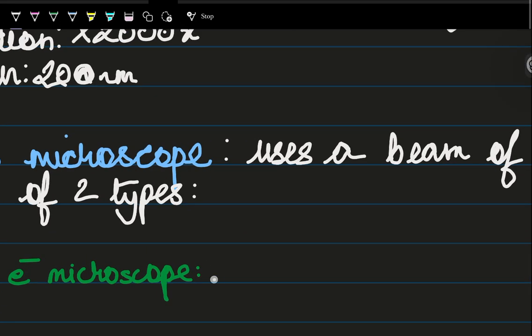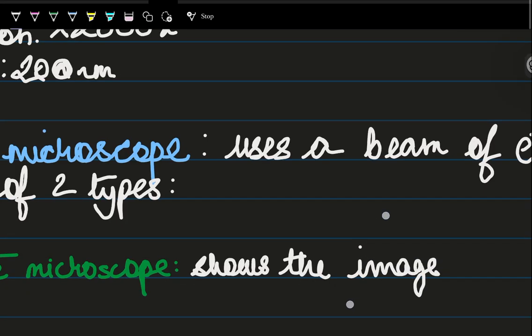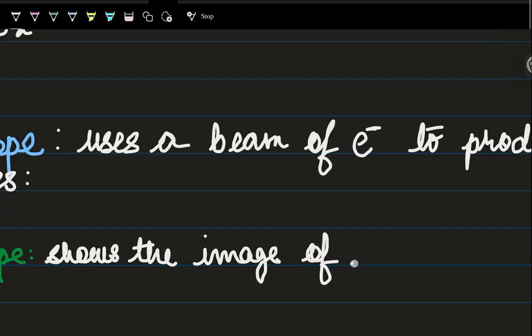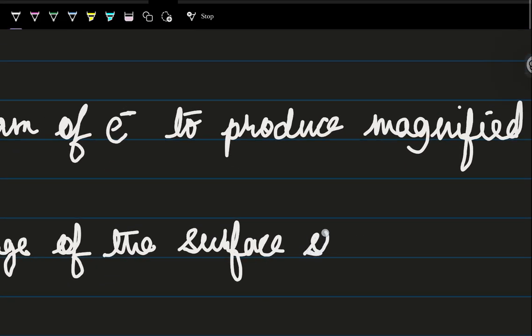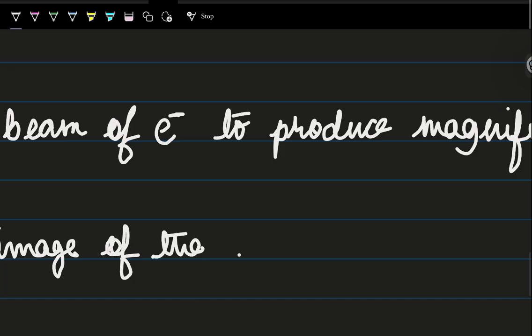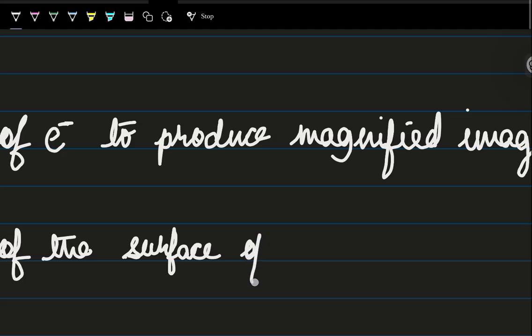So it shows the image of the surface of a specimen, not just the surface structures, it shows the image of the surface of any structure in the specimen.